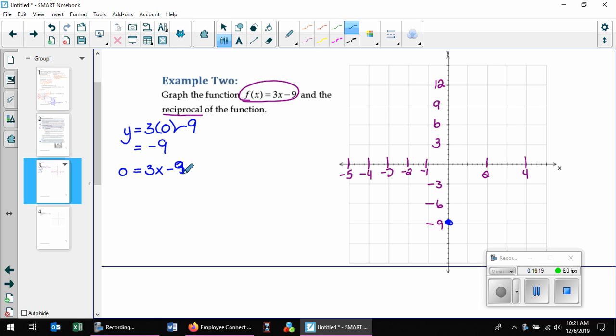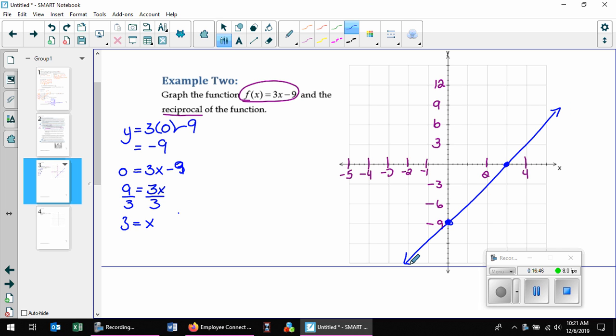Yeah. And I'm going to connect those with a straight line.